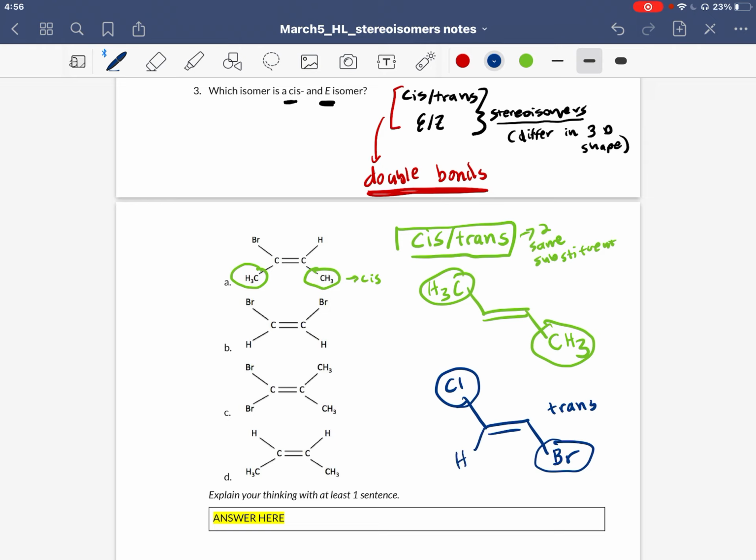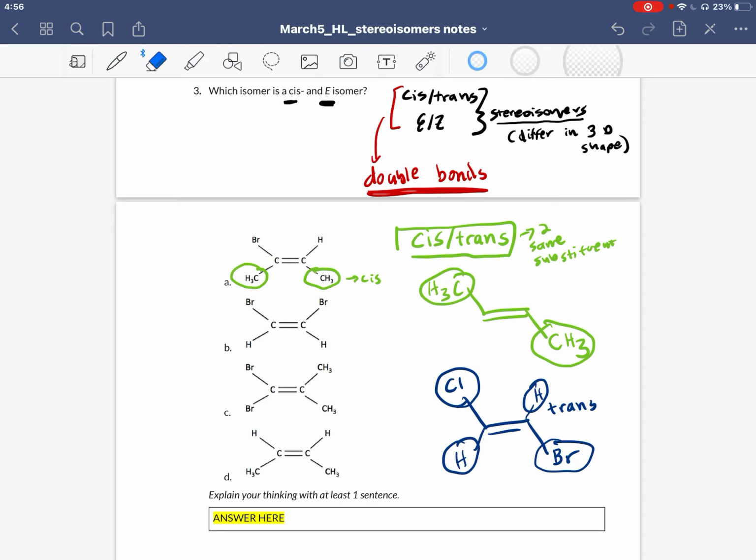The only other thing that I have here is hydrogen. Hydrogen, of course, I have two of the same. So this would be an example of trans, but kind of weird, not exactly the same substituent. So cis-trans only happens when I clearly have the same or really similar things going on across my double bond.